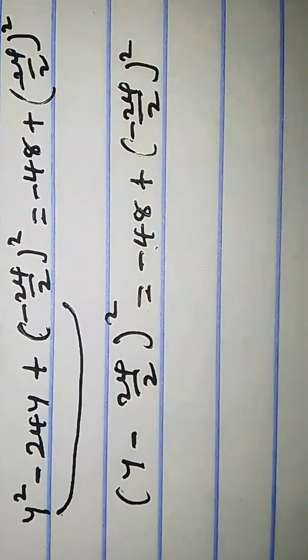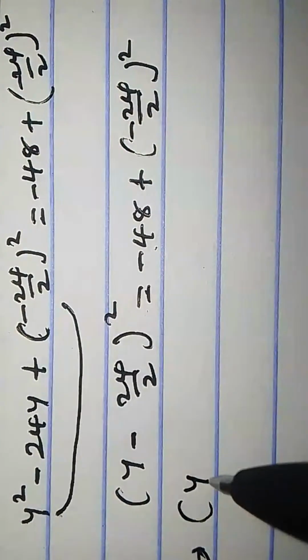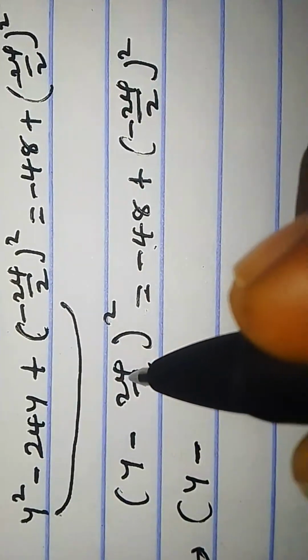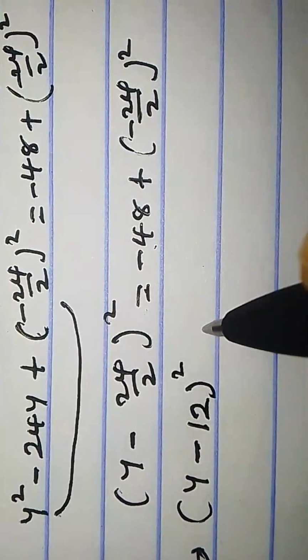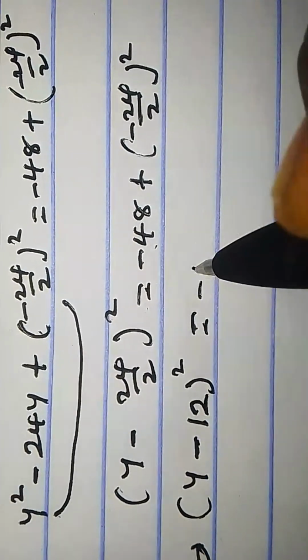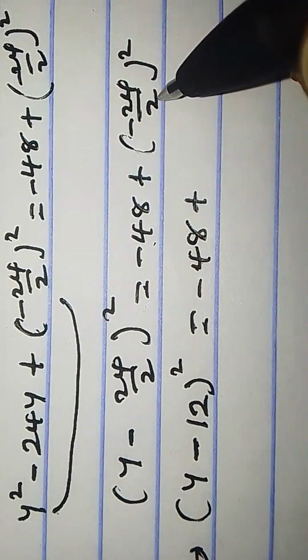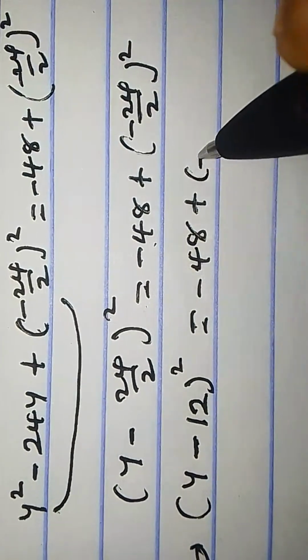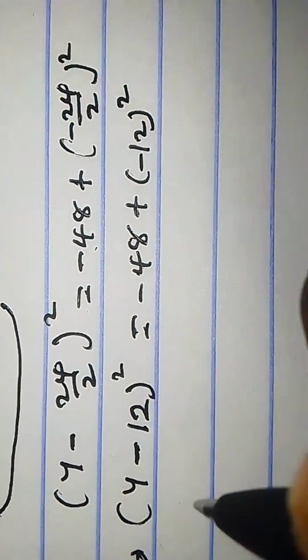Let's continue. This means that (y minus 24 divided by 2, that is 12) all squared, equal to minus 48 plus (minus 24 divided by 2, that is minus 12) all squared. Let's proceed further.